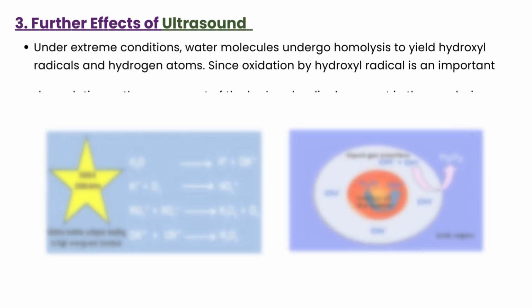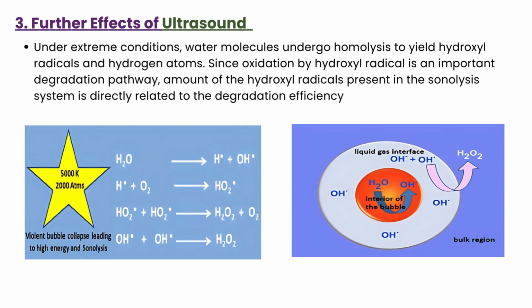You can see the further effect. Under extreme conditions, water molecules undergo homolysis to yield hydroxyl radicals and hydrogen atoms. Since oxidation by hydroxyl radical is an important degradation pathway, the amount of these hydroxyl radicals present in the sonolysis system is directly related to degradation efficiency.